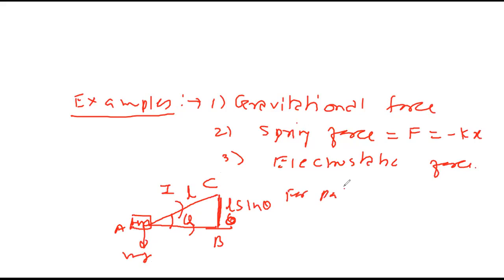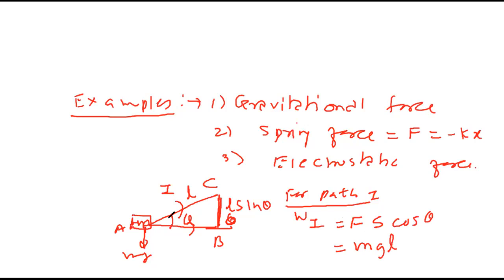For path 1, what will be work done? Force into displacement into cos theta. Correct? Yes, sir. Force is mg, displacement is L, and what is angle between F and S?